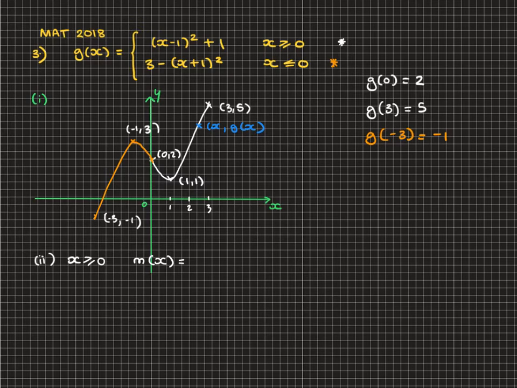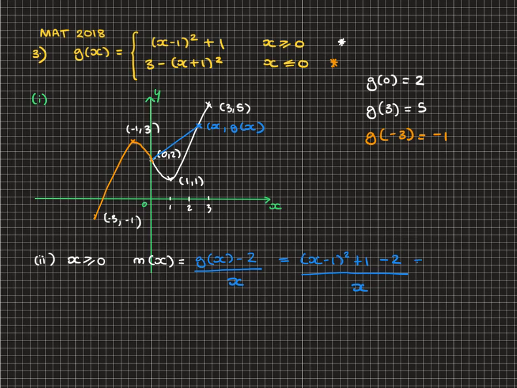Now of course g of 0 is equal to 2, so we're looking for an expression for that chord's gradient here. So we can simply say change in y, so g of x minus 2, over change in x, which is just x. But for x greater than or equal to 0, g of x can be replaced by (x minus 1) squared plus 1, subtract 2, all over x.